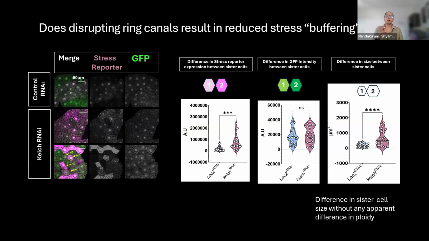So there's a lot of disruption of cytoplasmic streaming and maybe buffering of whatever these cells are meant to share. Okay. All right. So there's increased stress and also increased disparity in stress response between sister cells.